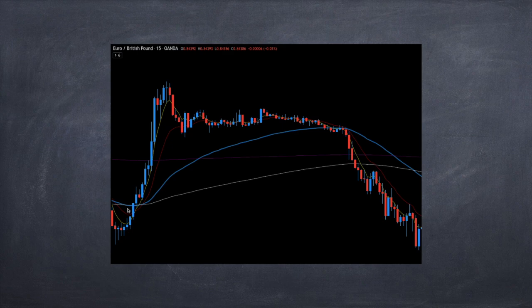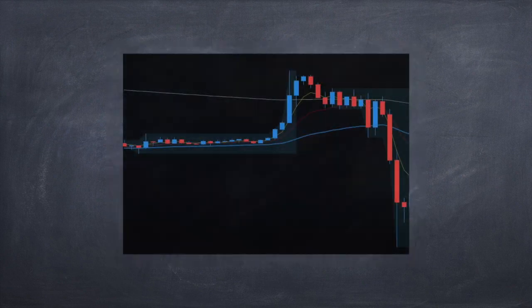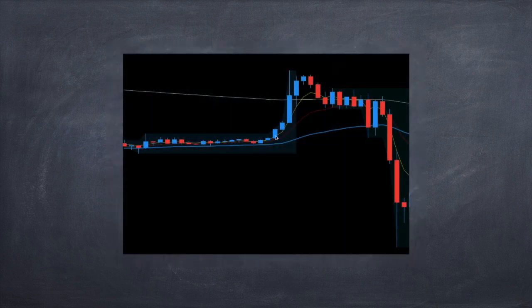Okay, so this is it right here. All these examples were pulled off the same chart, Euro Pound, just off of one chart, all within the last month. So this is one of them right here. Here's another one. You can see this is the Asian range here. They spike up.